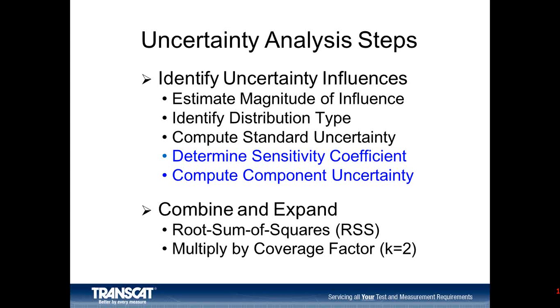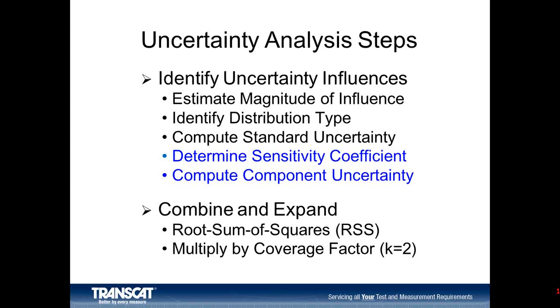All right, so for these different parameters, we need to assess, we need to account for the units of measure and adjust each of those to the appropriate value so that we're working all in the same unit of measure. And that gives us the standard uncertainty for each of those components.